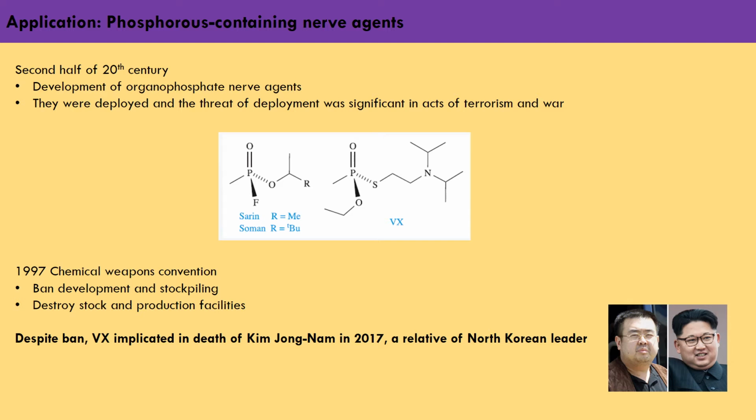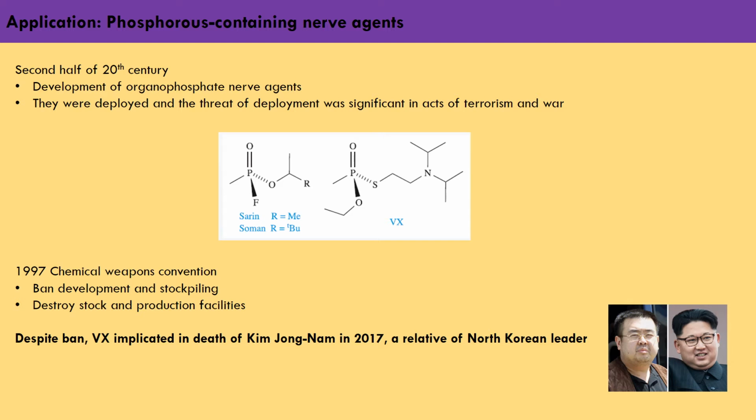And we see in the news all the time about the potential stockpiling of these kinds of nerve agents from certain states, and indeed their deployment against their own citizens. And they were developed as a deterrent against acts of terror and war.